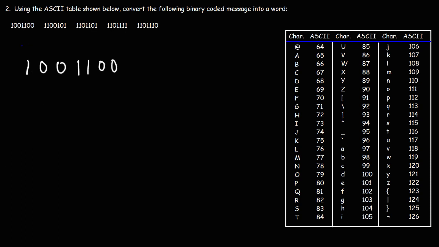So this is going to be 64, 32, 16, 8, 4, 2, and 1. Let me write this better. I'm going to have to space out these values so you won't get confused.